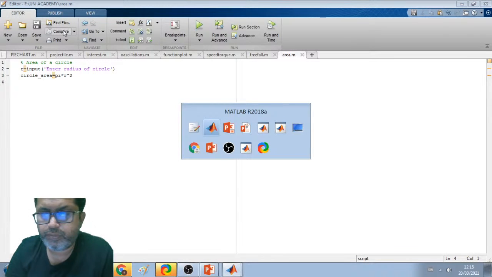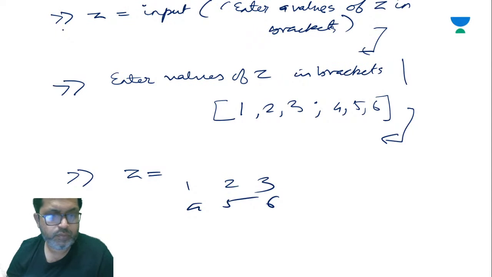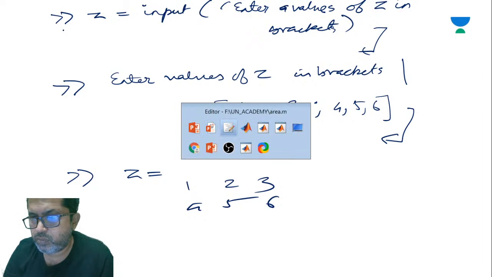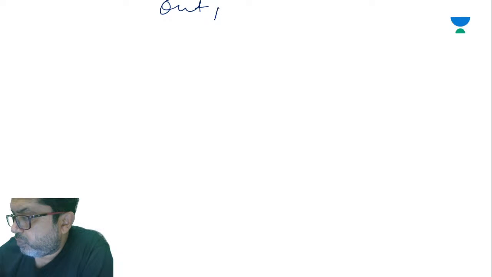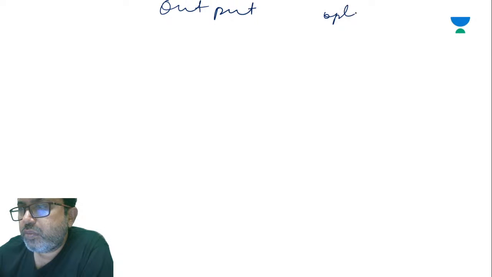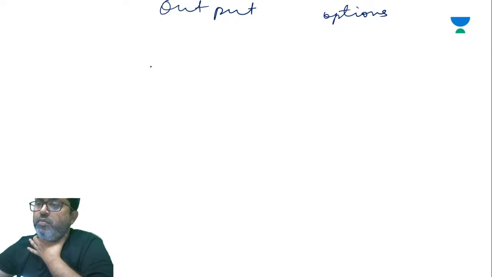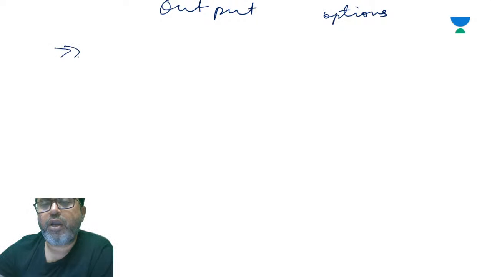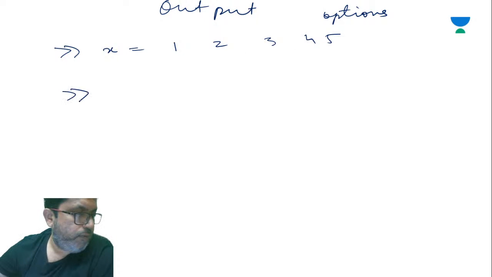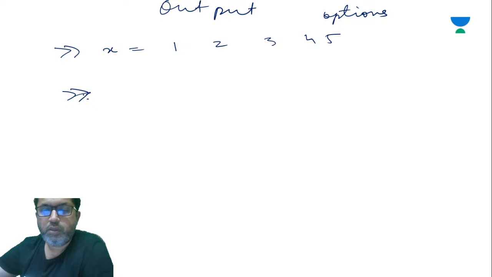Now we'll see what are output options. Suppose I have written value x equal to 1 2 3 4 5, and there are two functions to display the output.